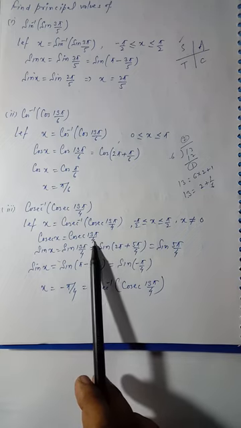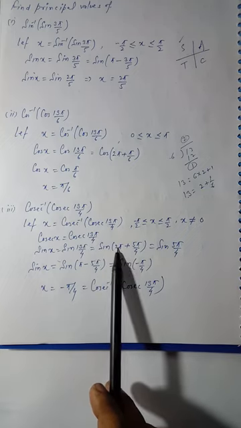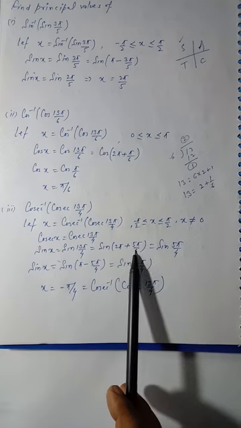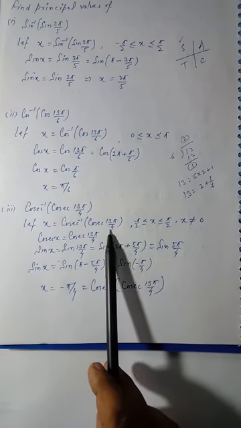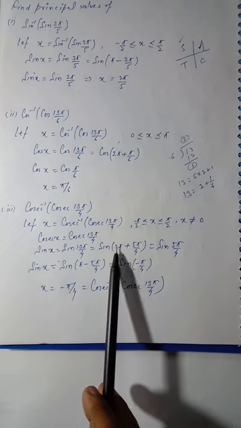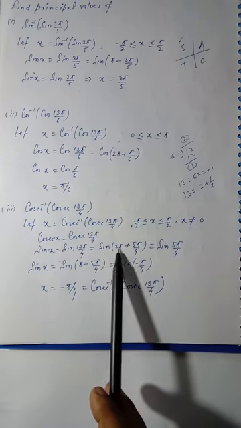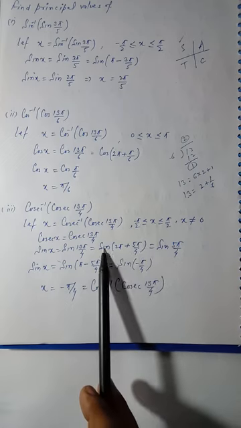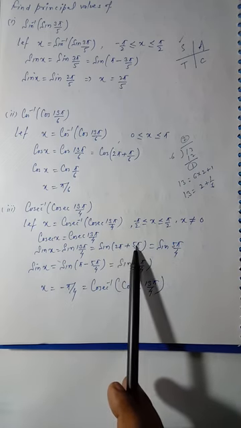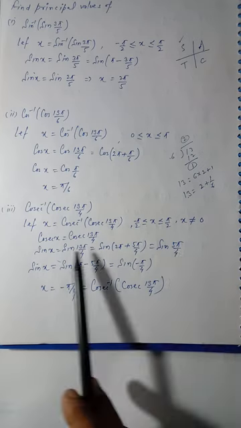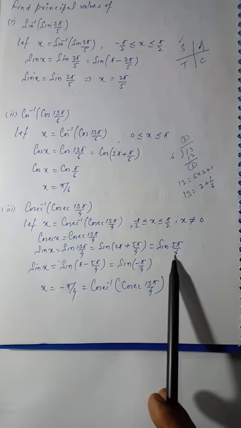This 13 pi by 4 can be written as 2 pi plus 5 pi by 4, on division, because 4 twos are 8 plus 5 is 13 upon 4. So this can be written as 2 pi plus 5 pi by 4, and sine 360 plus theta is sine theta. So sine x is equal to sine 5 pi by 4.